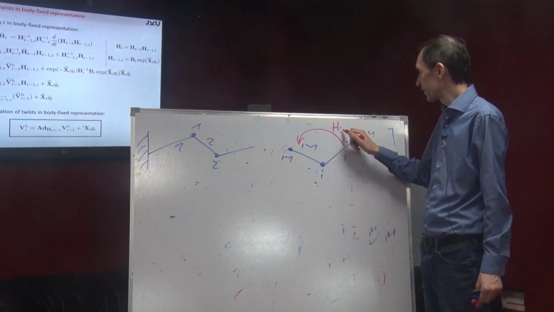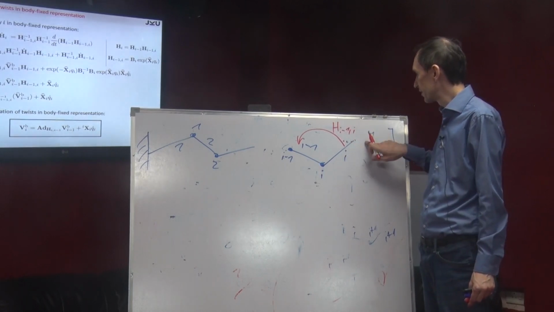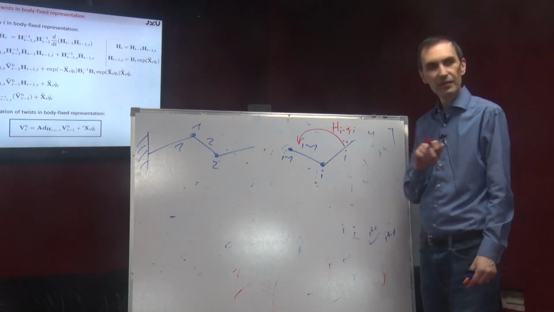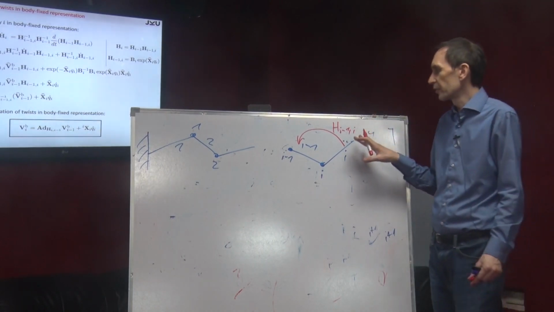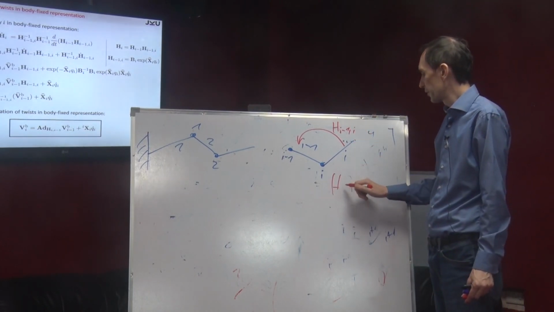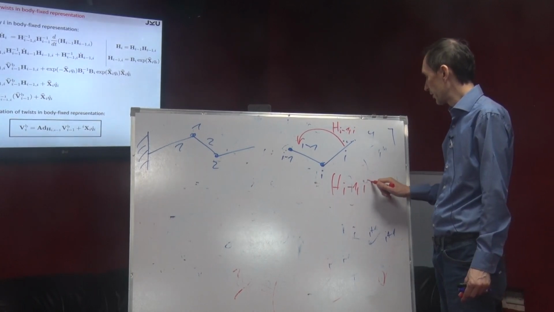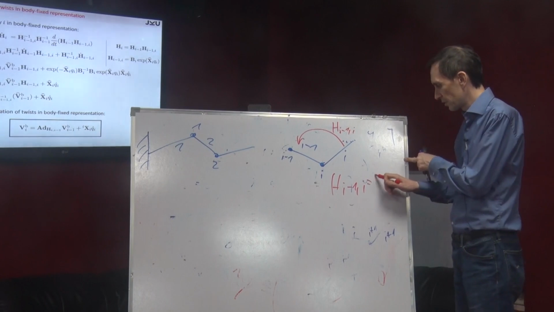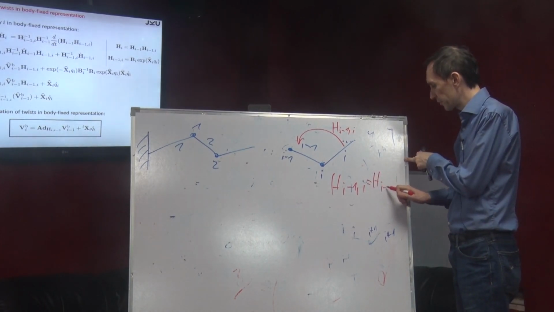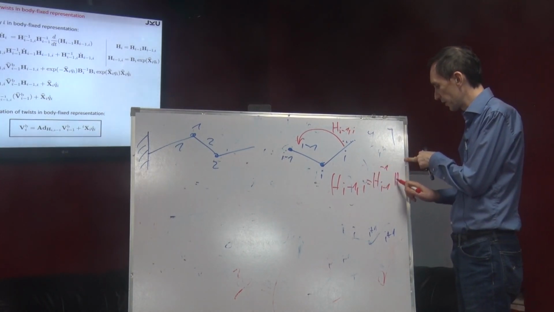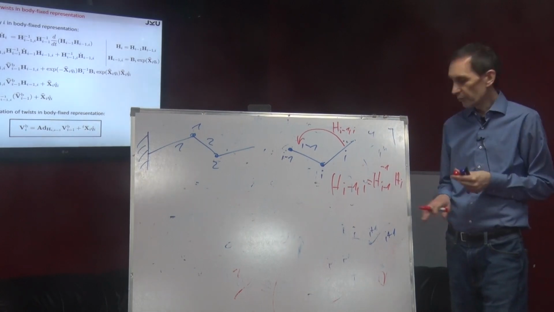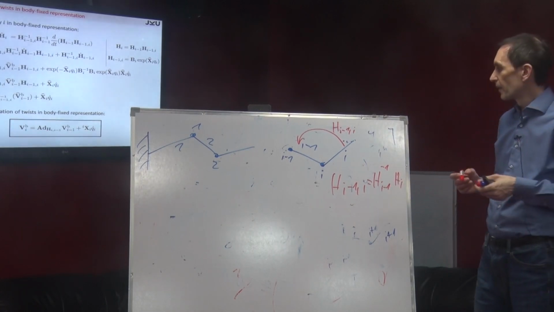It's just H I minus 1 I, right? And if you don't remember, H I minus 1 I is equal to the inverse of H I minus 1 times H I, and this is what we get from the exponential mapping.